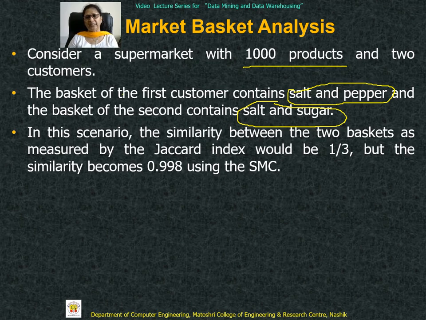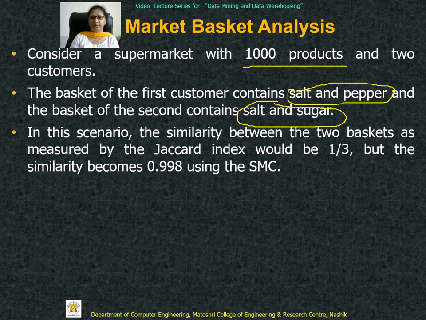If we are representing these items with binary attributes, then 1 represents that the item is present in the basket and 0 represents that the item is absent in the basket. So in case of SMC, we consider M00, that is where both the attribute values are 0 also.